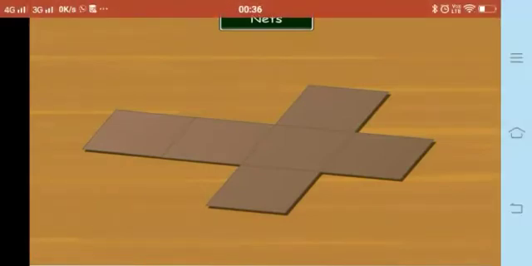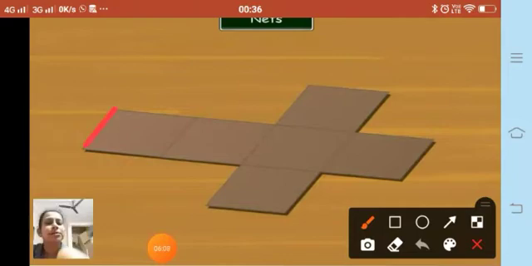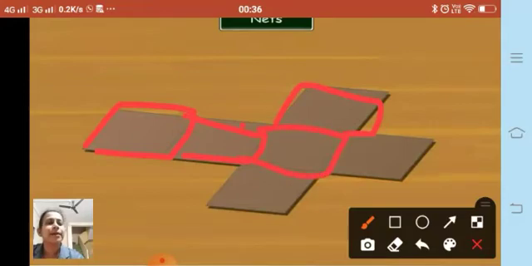Now again you look at this plane. If you see carefully, you can see all 6 figures are nothing but squares. You can see the first square here, second square, third, fourth, fifth, and sixth square.